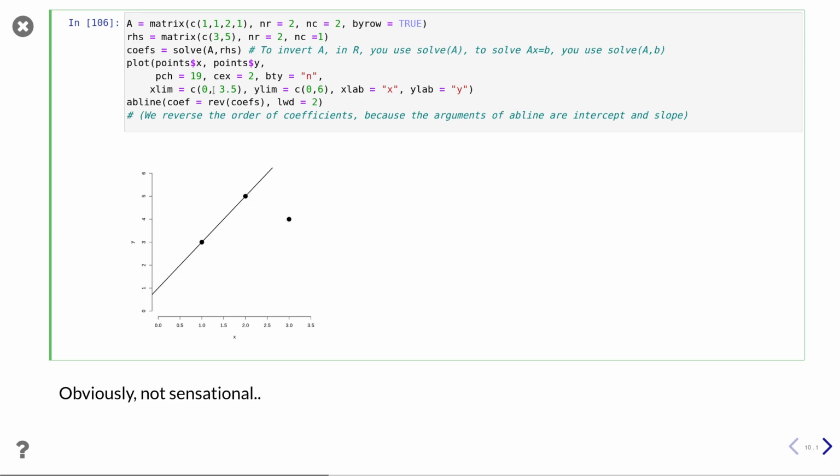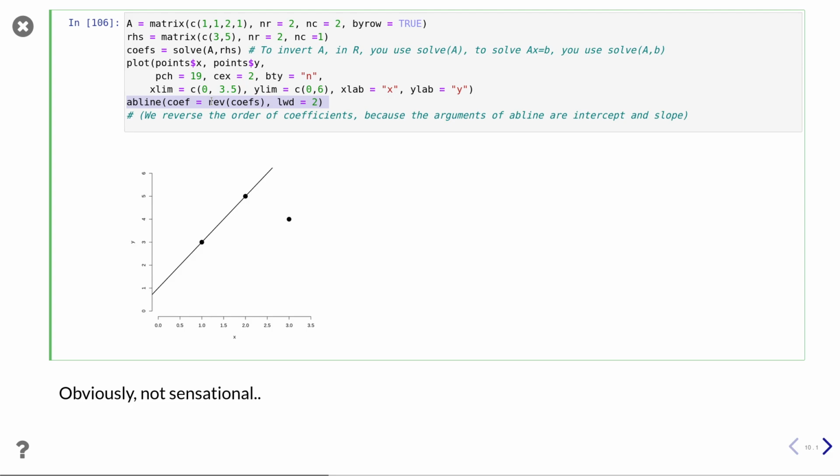So again, I plot my points, but here what I'm going to add is a line. This command abline just plots a straight line. There are several types of arguments that you can give it. One is the coefficients of the line. I'm just going to point out, I have written my line as y equals ax plus b. R expects y equals a plus bx. So that means my coefficients are coming out in the wrong order.